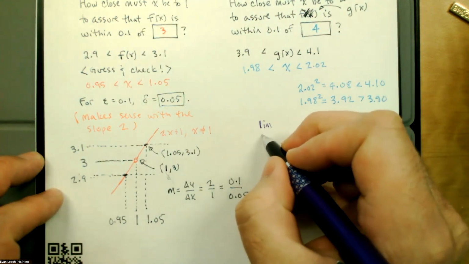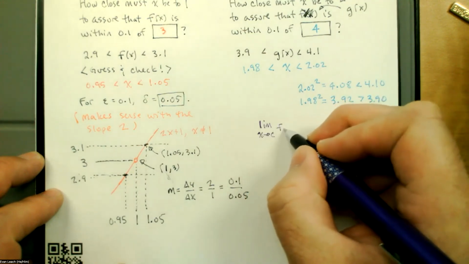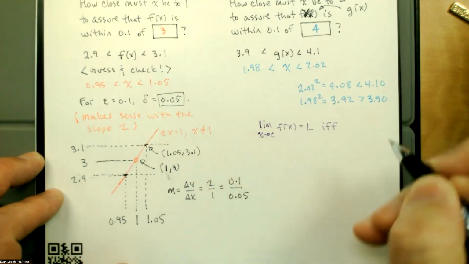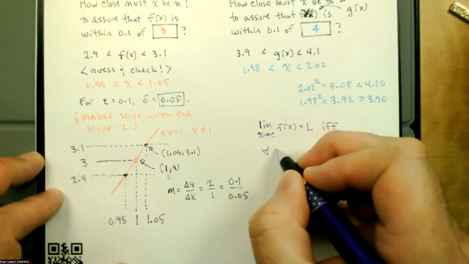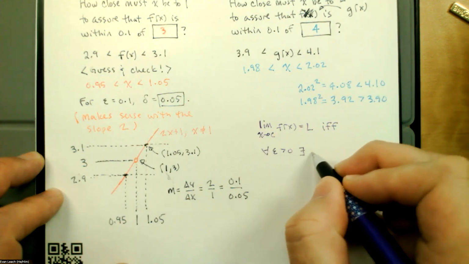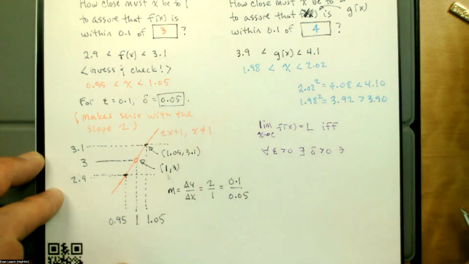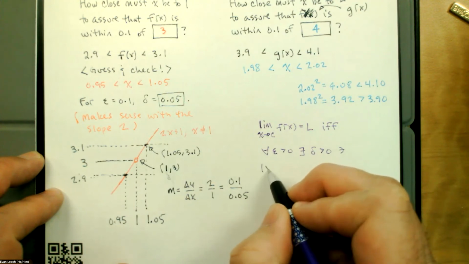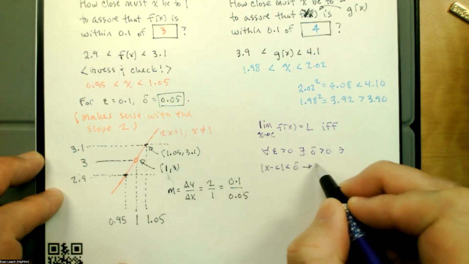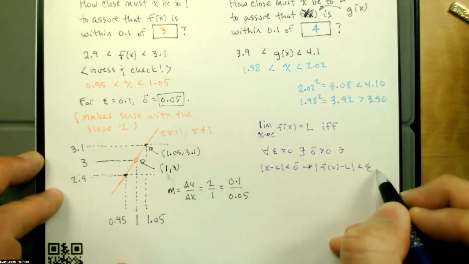The limit as x approaches c of f of x equals L, if and only if for every epsilon greater than 0, there exists delta greater than 0, such that, that one's a little bit iffy, absolute x minus c less than delta implies absolute f of x minus L is less than epsilon.